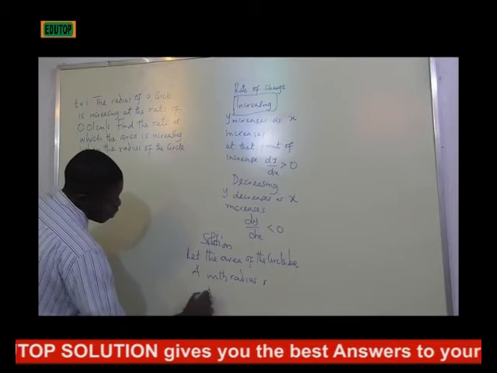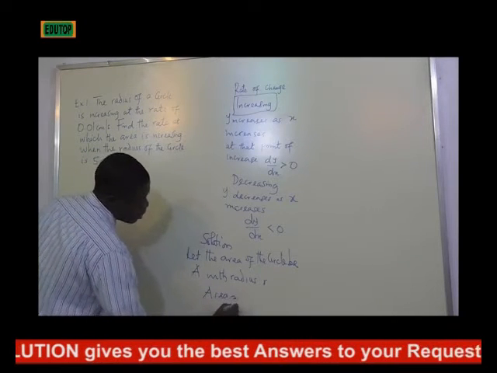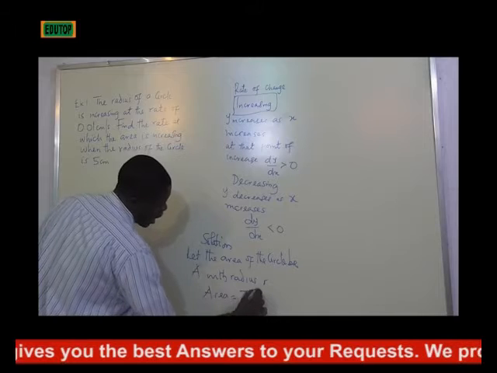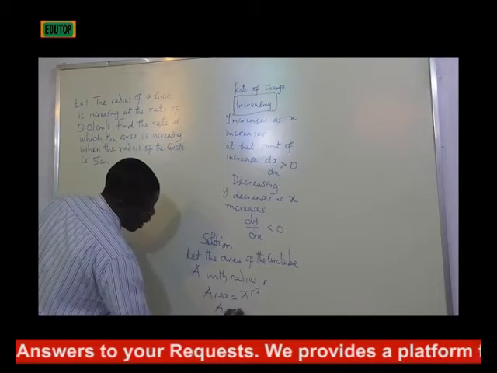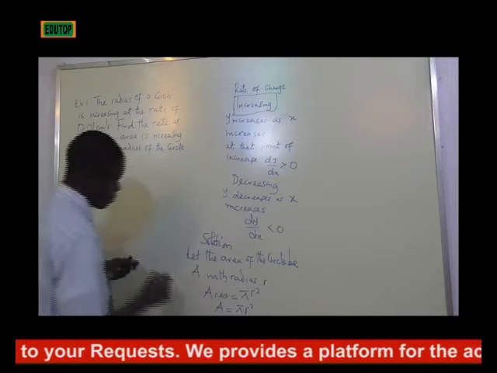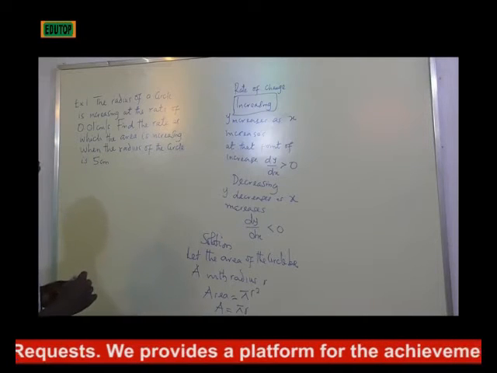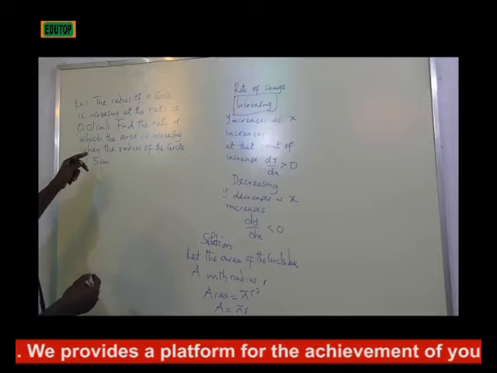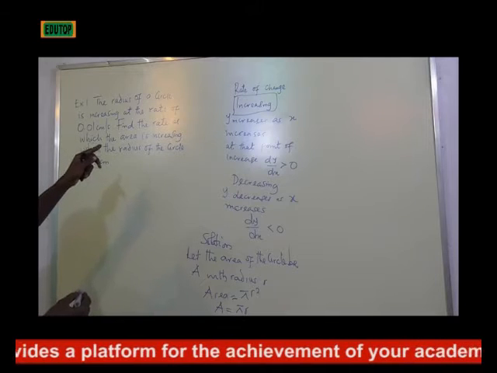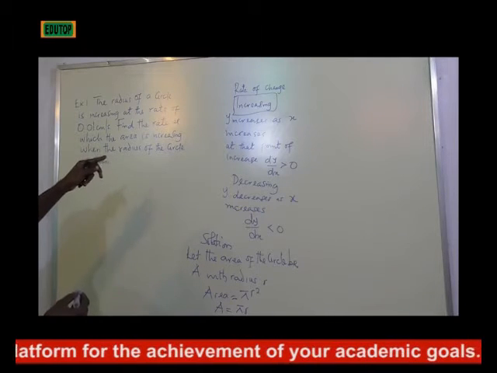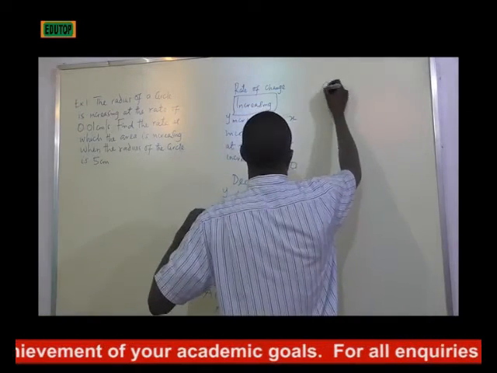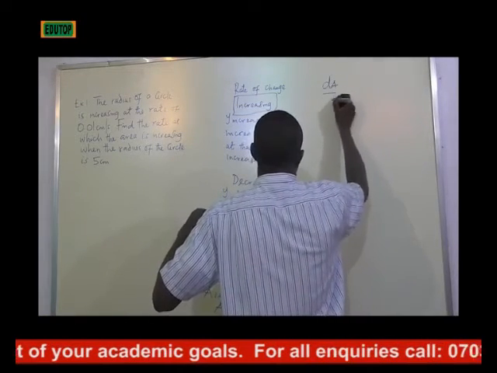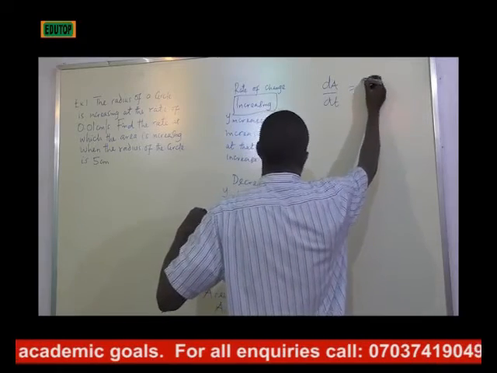The formula for the area of a circle is pi r squared, so A equals pi r squared. The question asks to find the rate at which area is increasing when the radius of the circle is 5 centimeters. So automatically that is dA/dt. The question asks to find dA/dt.